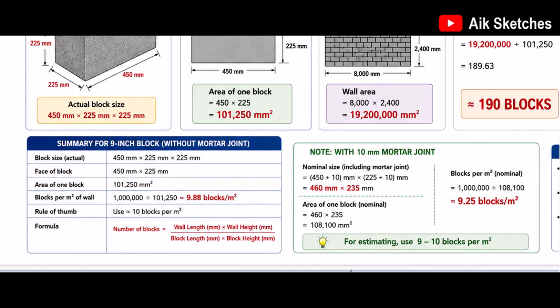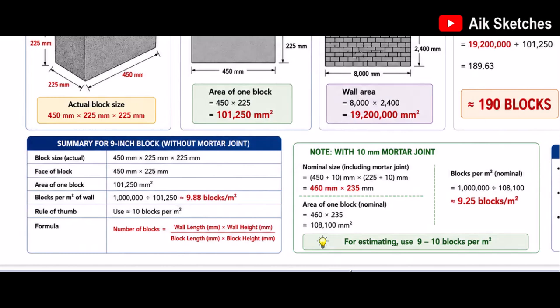Okay. Note, with a 10 millimeter mortar joint, the nominal size includes the mortar joint. Now if we are to include a mortar joint, the length of the block, instead of being 450, will now be 450 plus 10 millimeter, which is 460 millimeter.